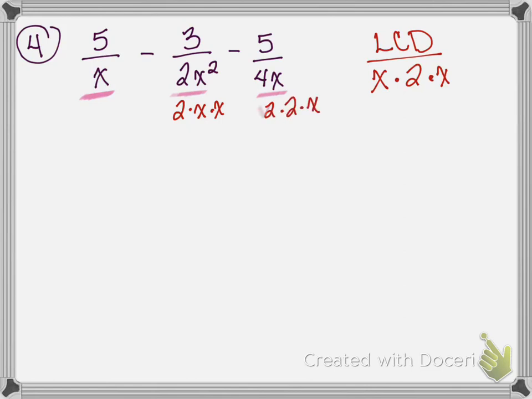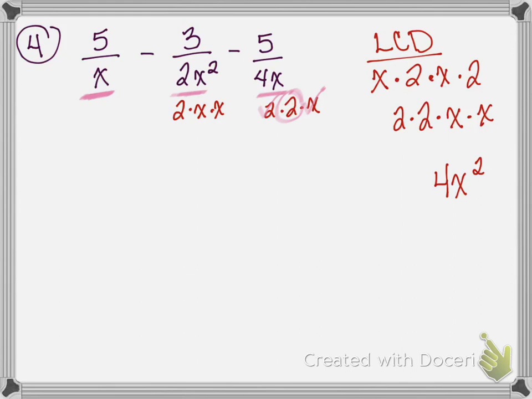So we already have one of the 2's accounted for and the x accounted for, but I've got to write that 2 down. So my least common denominator is going to be 2 times x times x. And we're eventually going to write it as 4x squared.